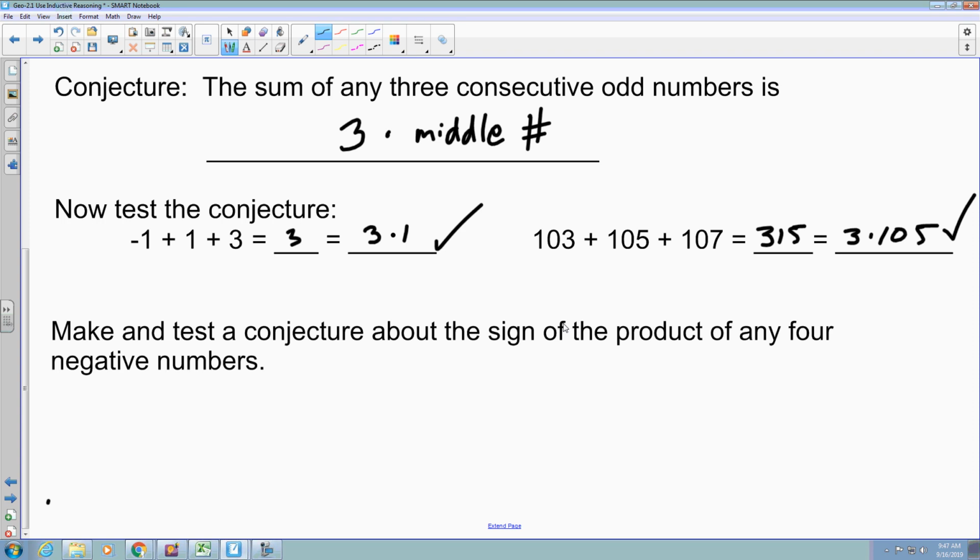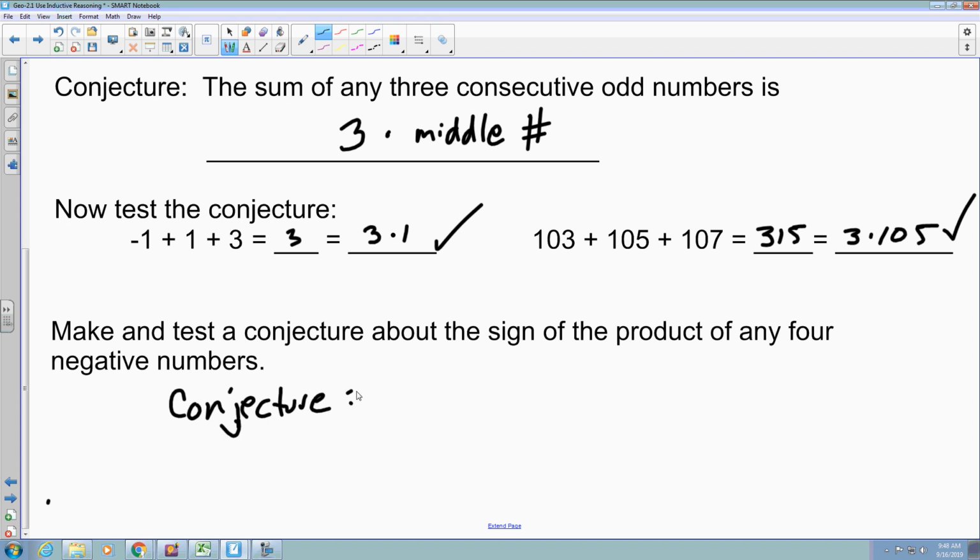from our test results. Here it says make and test a conjecture about the sign of the product of any 4 negative numbers. All right, so my conjecture will be this.